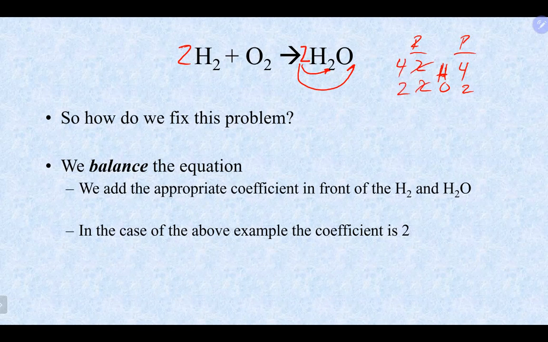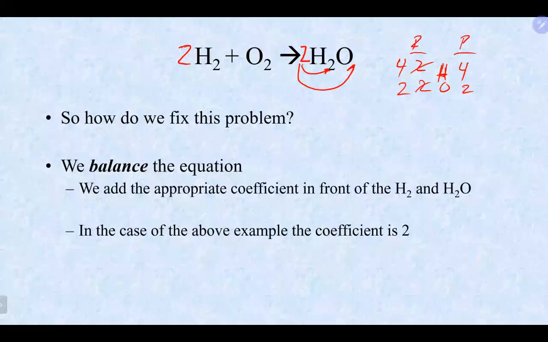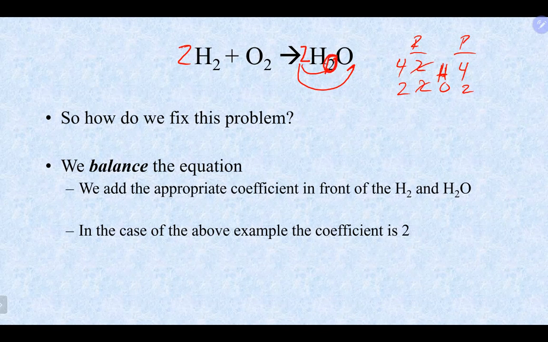So the way that we go through and balance equations is we only change the coefficients. You should never change any number other than the coefficients that are in front. You should never change any of the subscripts, because if I change the subscripts here, I am changing what that is. If I change that from a 2, it's no longer water.